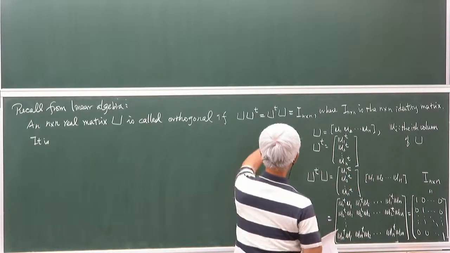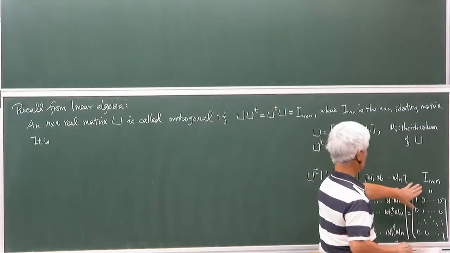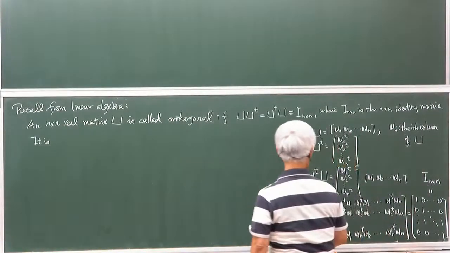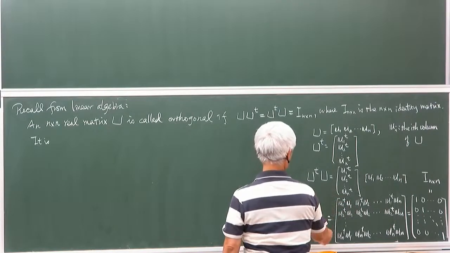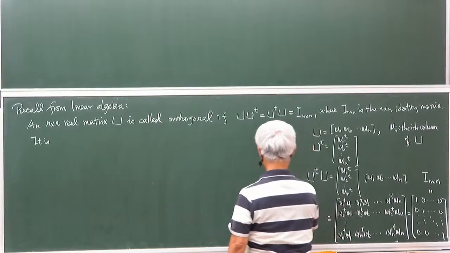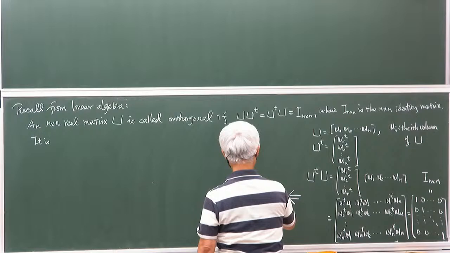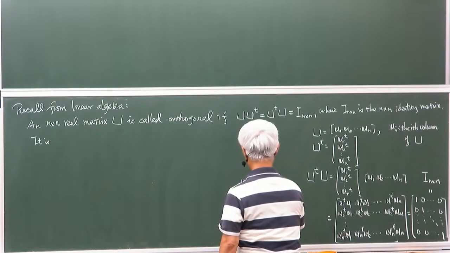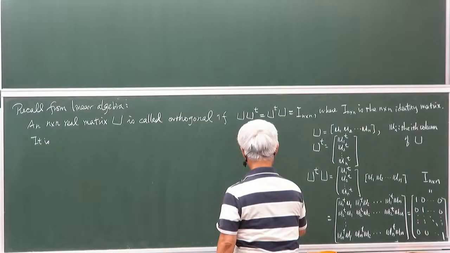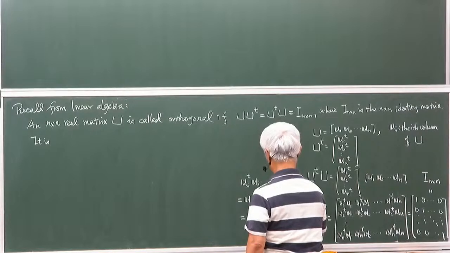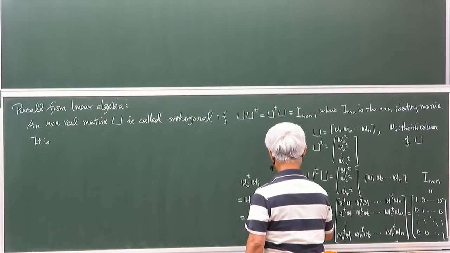Because this product is equal to the identity, this implies that Ui transpose Uj, the inner product of Ui with Uj, is equal to delta ij. This is 1 if i equals j, and 0 if i is not equal to j.